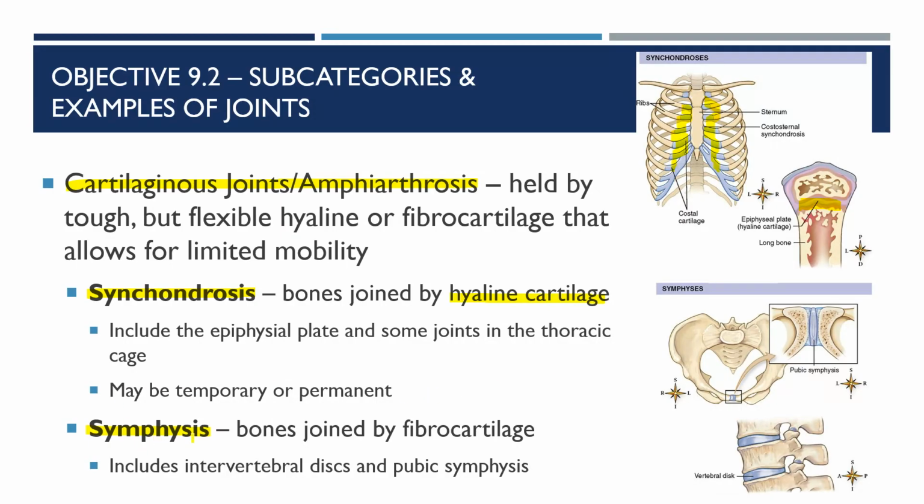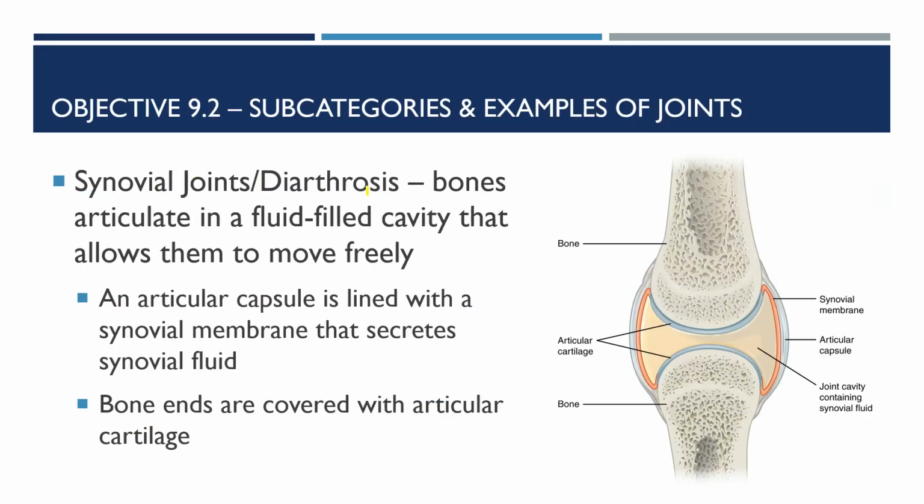And then a symphysis, once again, if you're in lab, that would be helpful because one of the types of cartilage you had to identify was fibrocartilage. You'll find that in the pubic symphysis that connects those two coxal bones. You'll also find it in those vertebral discs. So both of these are made of cartilage, one hyaline, one fibrocartilage, and both of them are slightly movable.